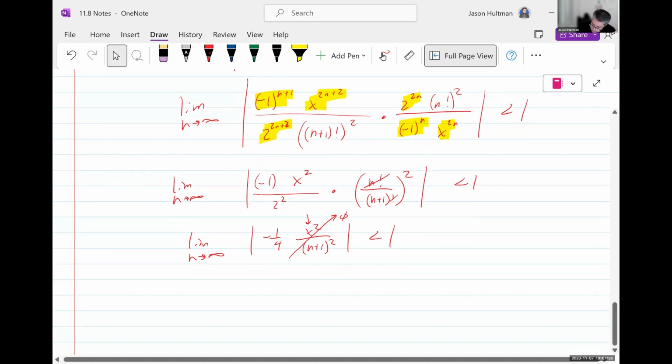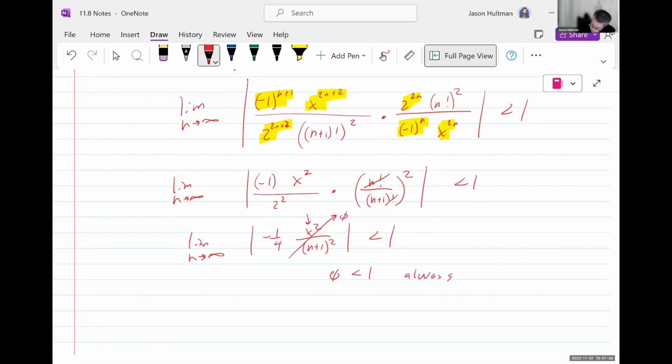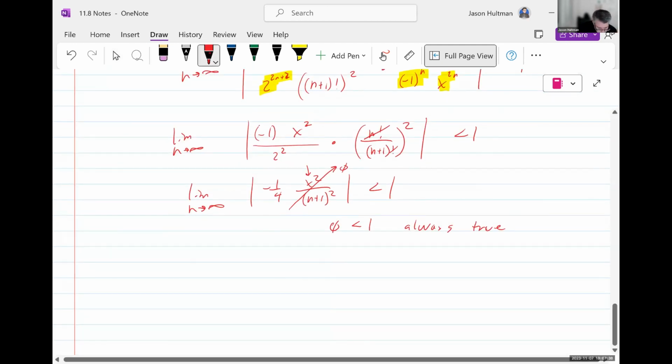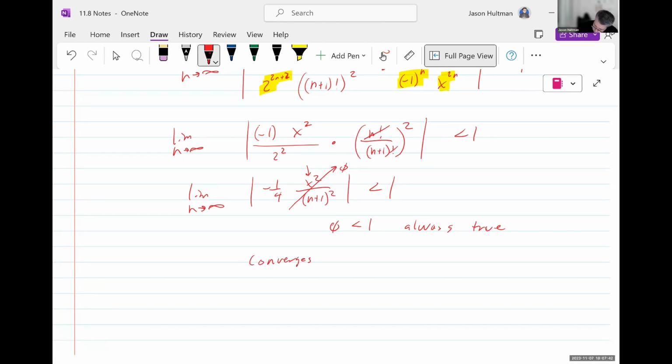And since 0 is always less than 1, that's always true, then I can use any value for x. And so this converges for all x values. And so the domain of J naught of x for that function is negative infinity to infinity. It converges for everything.